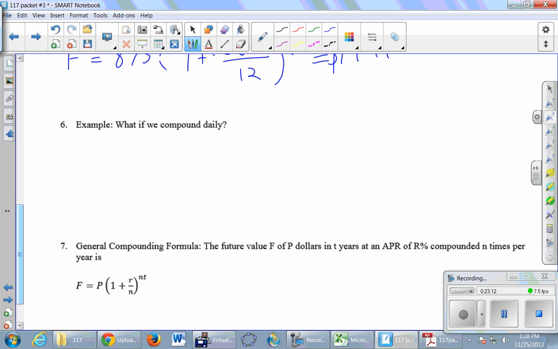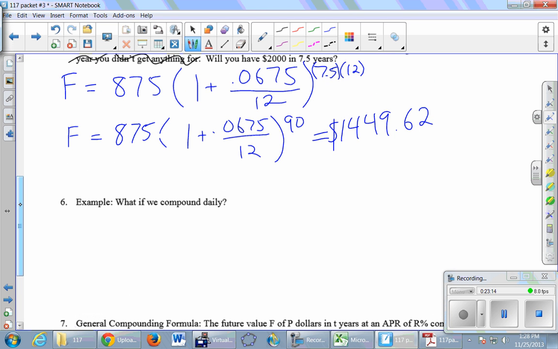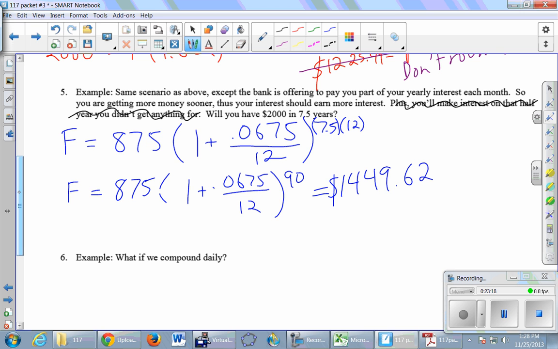Okay, can you guys do this next part right here? What if we compound daily? So you've got to change two numbers in my formula. What two numbers get changed? Still 7.5 years. Don't worry about leap years, but it's a good question. So what two numbers change in my problem?